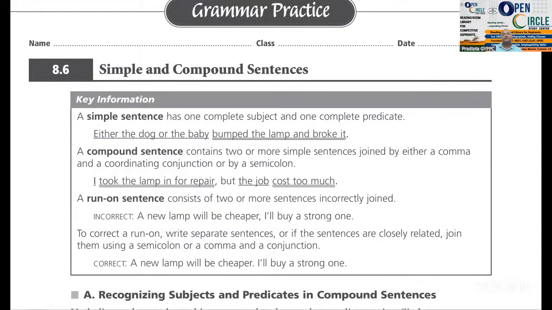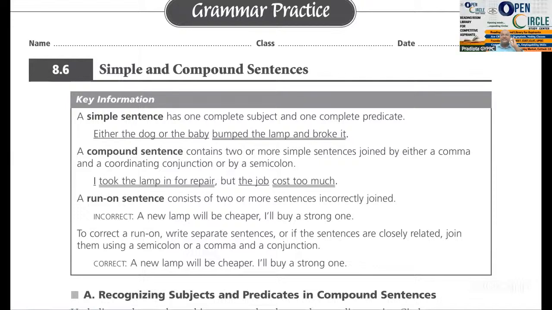Sir, I will not add any but or and? Yes, you'll only put a semicolon. Okay, sir. Then, sir, Jamil and Kendra sometimes ride the Ferris wheel; or they choose the scrambler instead.